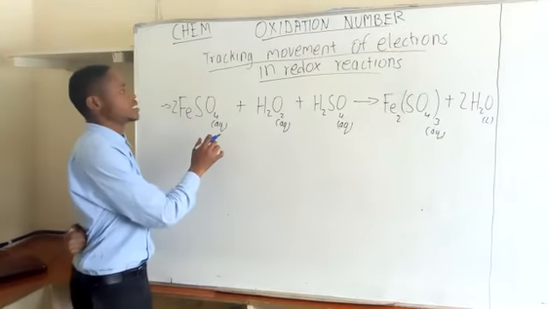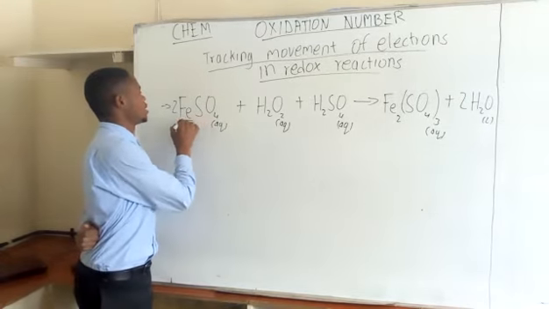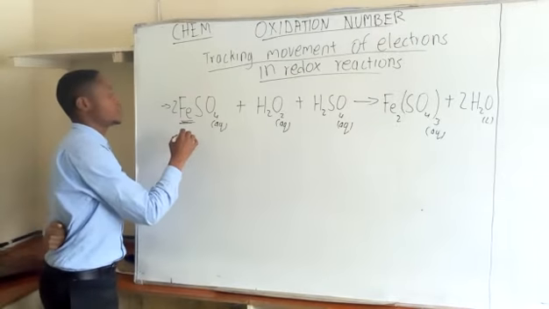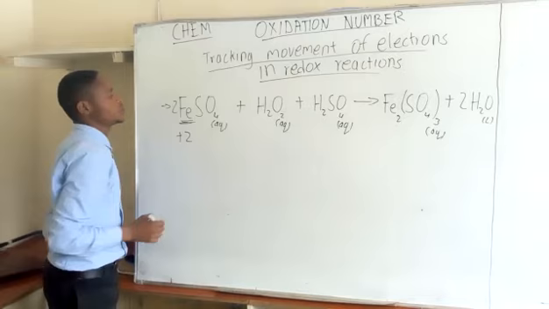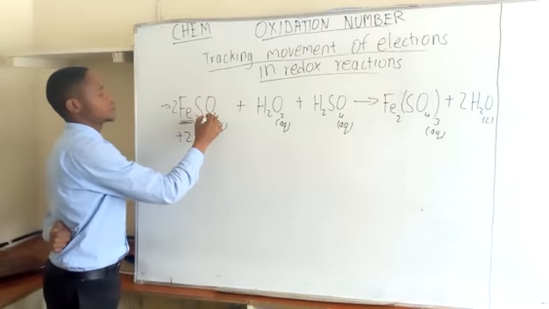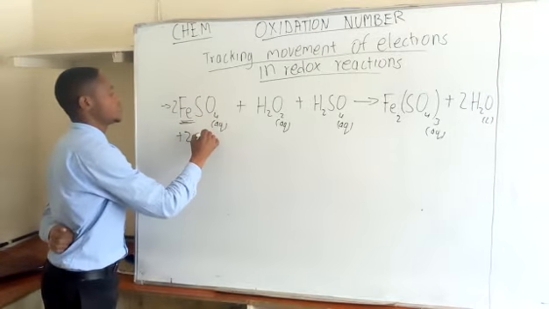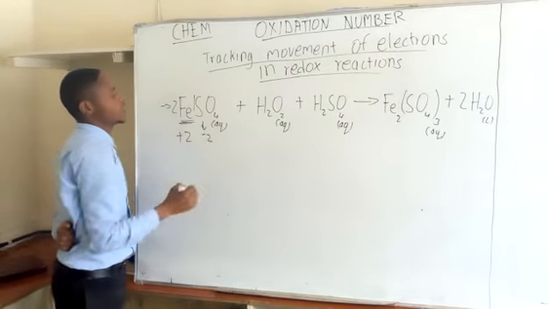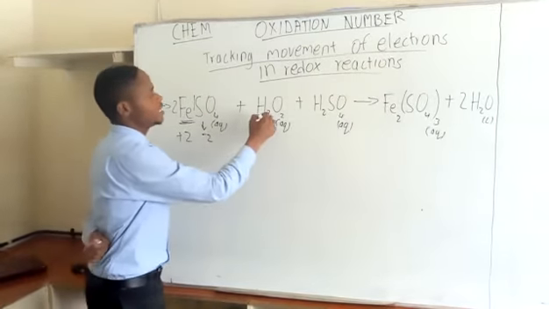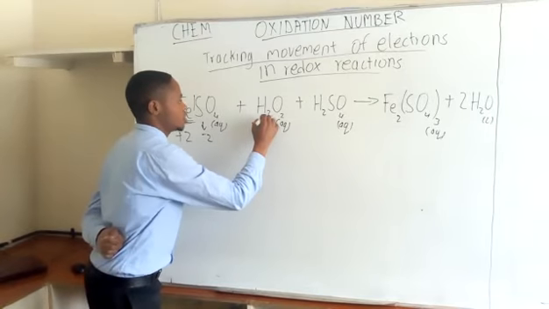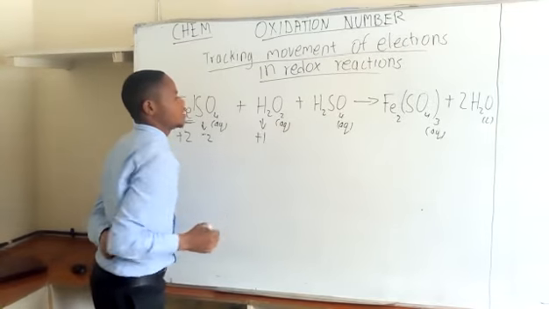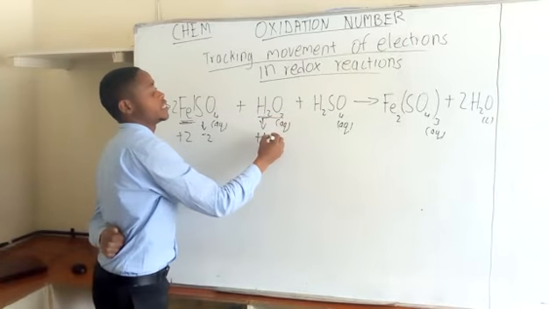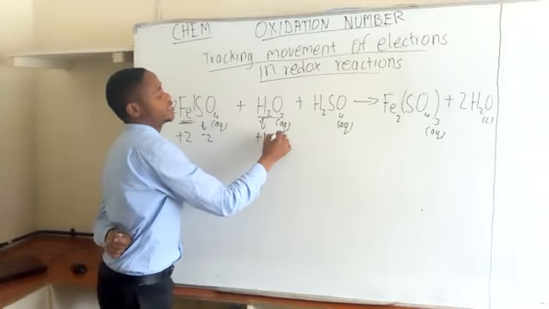If we look at this iron, in this case, this is iron 2. The oxidation number of iron here is +2. Sulfate should be -2. I've treated it as a radical. Then water here, hydrogen has an oxidation number of +1. Oxygen, now this is one of the exemptions, it has an oxidation number of -1.